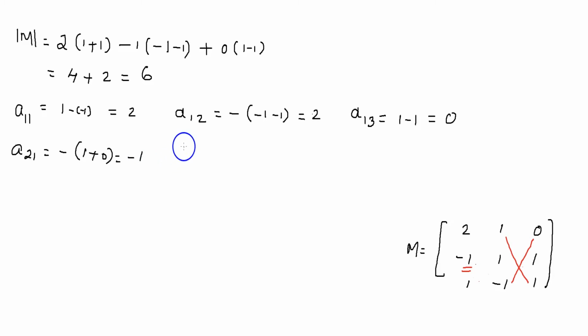Cofactor of A22. Here the minor of A22 is 2, 0, 1, 1.